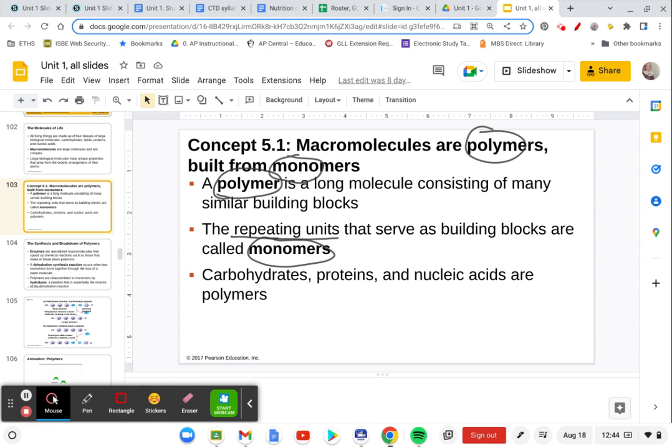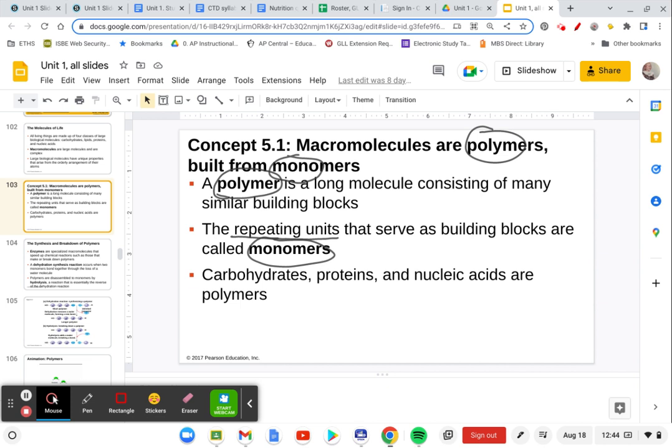One of the questions that sometimes students ask is, what's the relationship between a macromolecule and a polymer? They're basically the same thing. Polymers are molecules that have repeating units, and macromolecules don't necessarily have repeating units, but they're also large molecules.